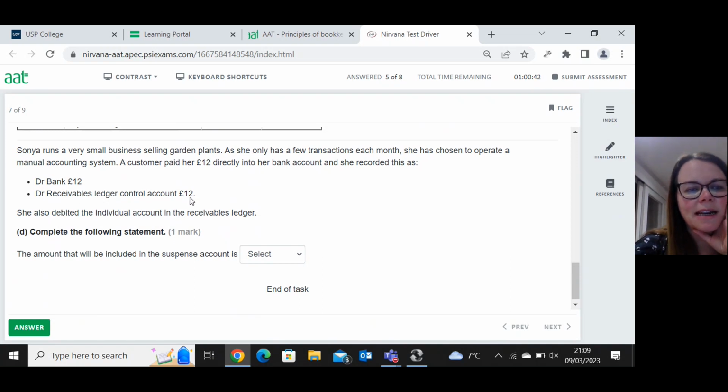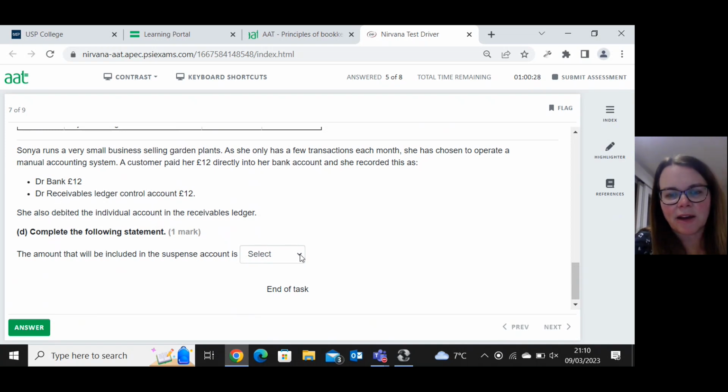This should have been a credit of £12 and it's actually a debit of £12. So we know that when something's on the wrong side, we've got to double it. And we know that at the moment, we've got too many debits, and therefore we would have 24 credit sitting in the suspense account.